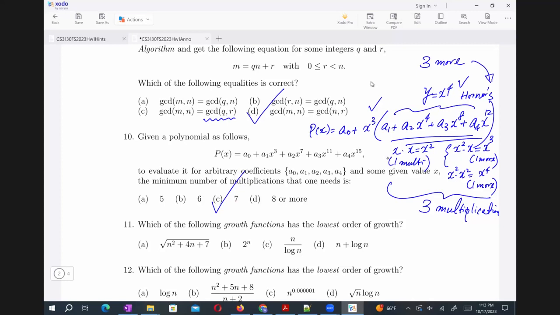Degree 3. If we use y as variable, it's a degree 3 polynomial. So 3 more multiplications. Then, don't forget, there is another multiplication hidden here. Some students give me 6. Probably they missed this hidden one.